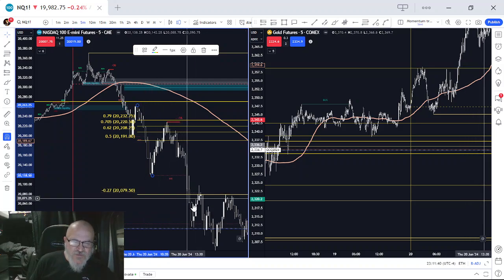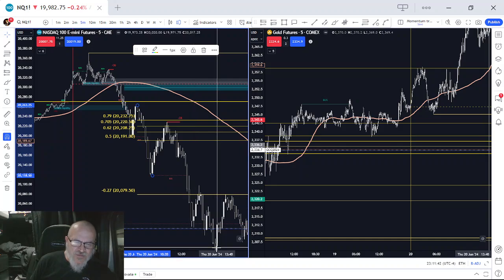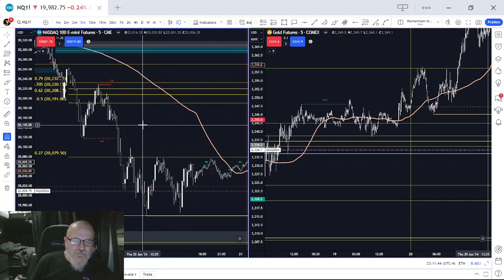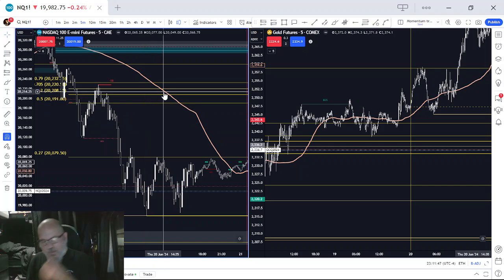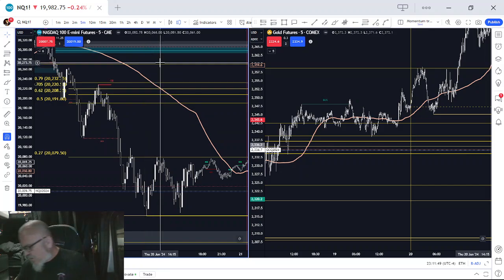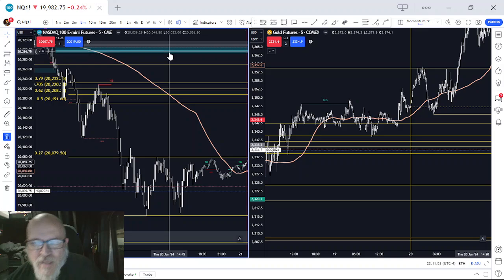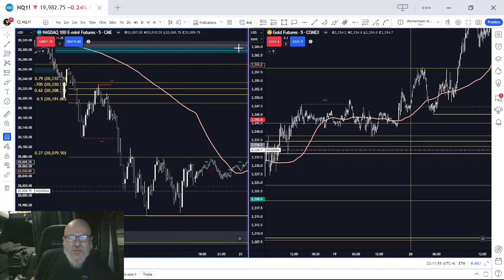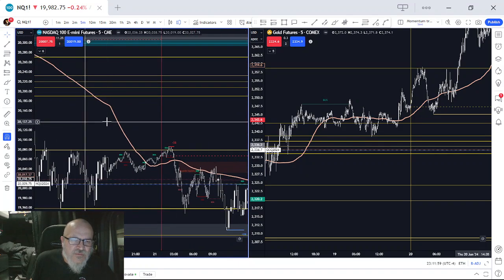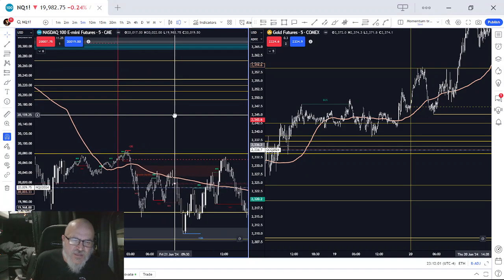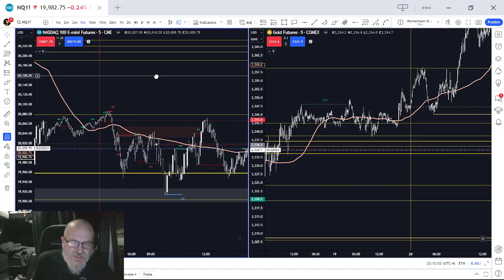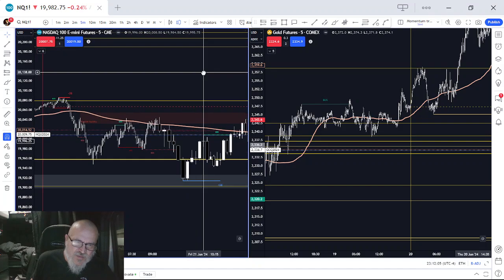So you could have even left a runner on this trade and caught a little bit more. But again, the whole point is to not think that this has to be traded at a certain time or on a certain time frame. You can use it on any time frame.